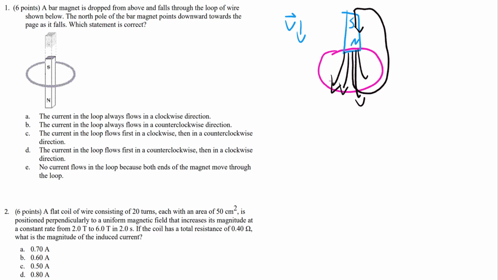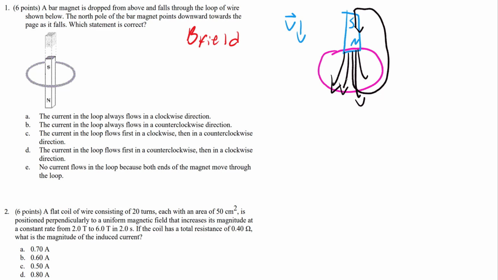Now, if you increase the field lines in the ring, you're going to be creating a new magnetic field, and the magnetic field is just called a B field. Now we have to find which way the current is going to flow in this new B field that you're creating.